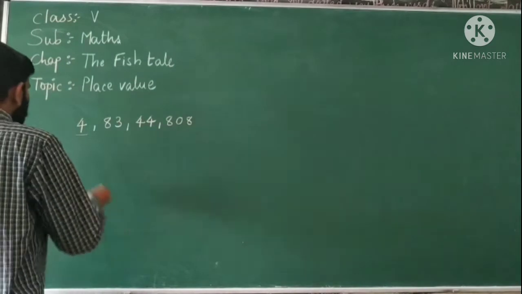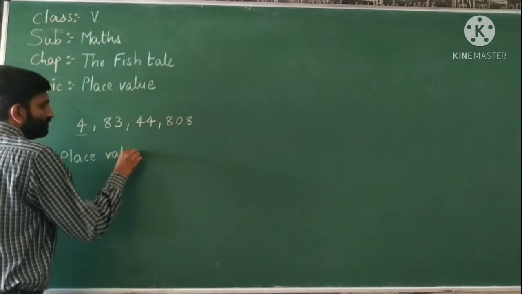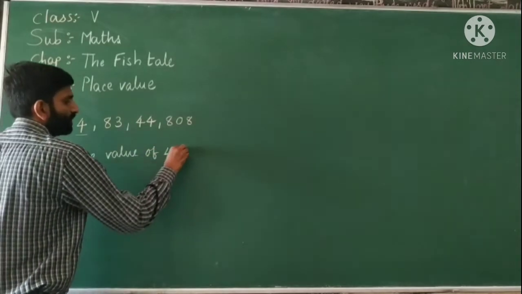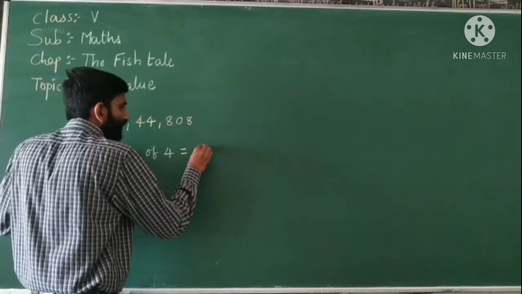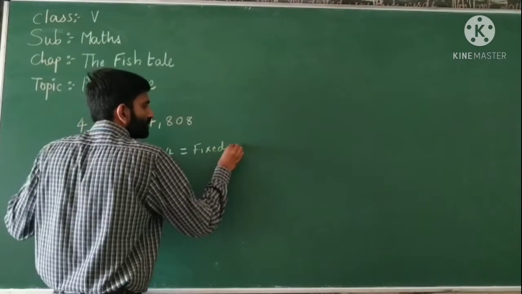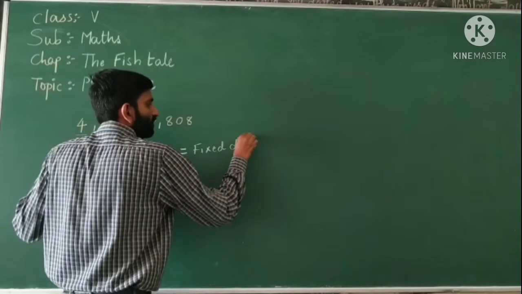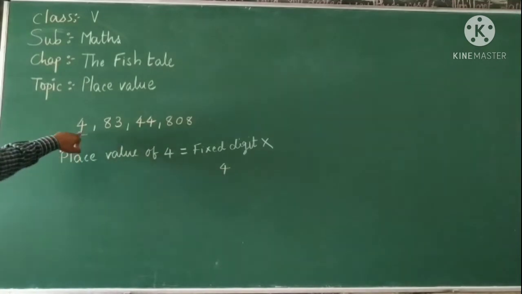I'll write it. Now, place value of 4 is equal to, see, we need to find out the place value of 4, so we'll write it here: fixed value. What is this fixed value? It is 4. Okay, now what is the place of this number?